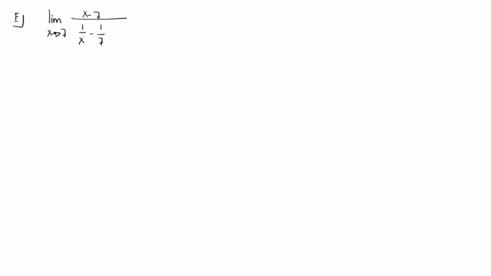So we're going to start here by cleaning up and simplifying the denominator. We're going to actually perform that subtraction. And of course, when we're subtracting quotients, we need the same denominator.